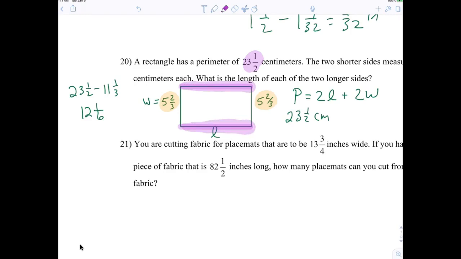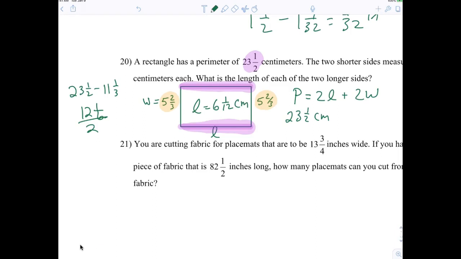The problem is I only need how many sides? 1. So what do I do from here? Divide by 2. Yes, divide it by 2. So everybody take 12 and 1/6. We're going to divide that by 2. And my length then is going to be 6 and 1/12. 6 and 1/12 what? Centimeters. 6 and 1/12 centimeters. Everybody with me on this?